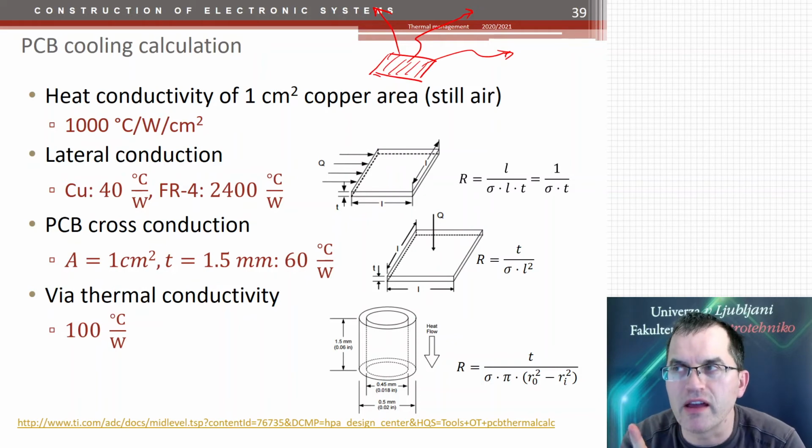I will repeat that. If it would radiate and convect only on one side, then it would have 1000 degrees over the temperature of the ambient, which is a lot.